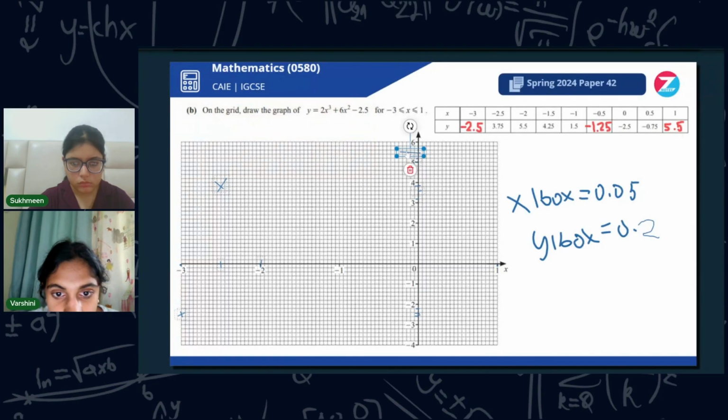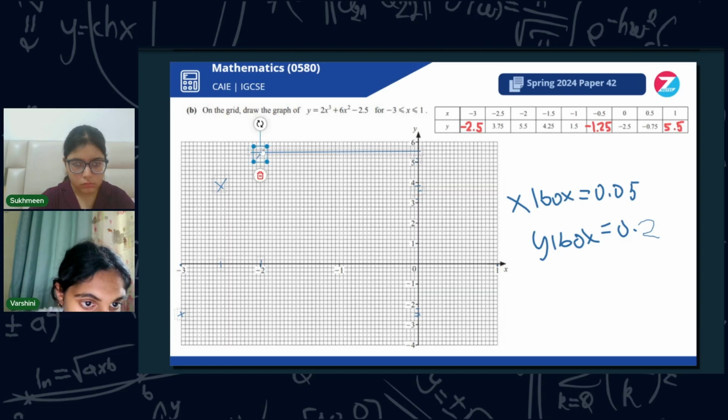Don't forget to make sure it's right in between. Use your scale and extrapolate it all the way to wherever it needs to be. In this case, it's over here. So now we just again draw the cross.